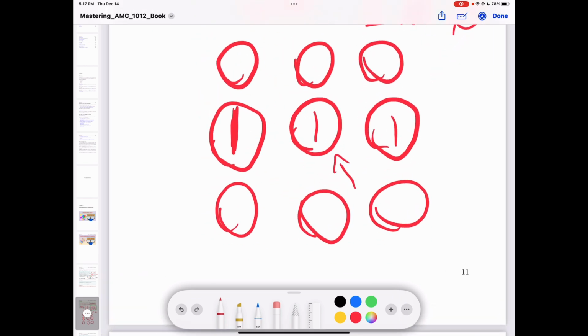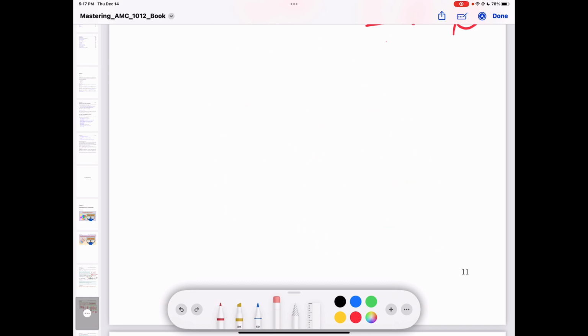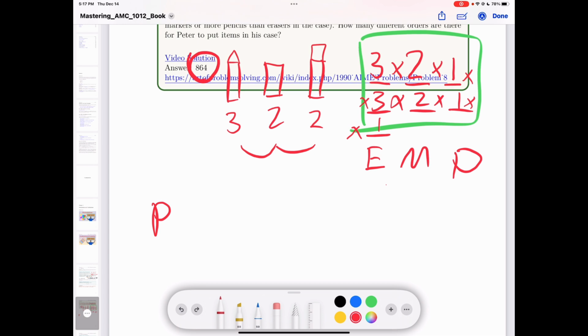Alright, how about we graph this. Let's say it starts with, we should do all these steps. So pencil, eraser, marker.